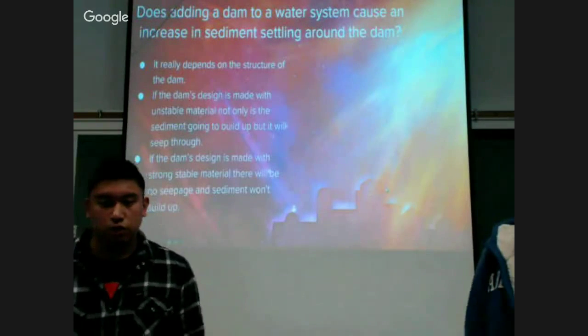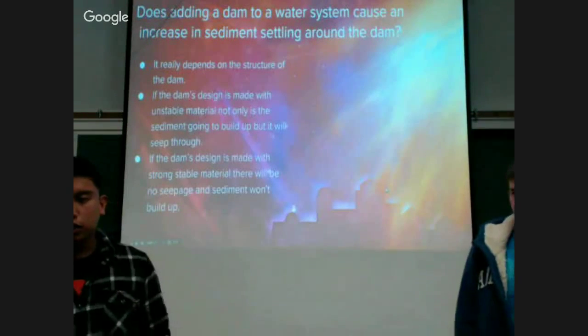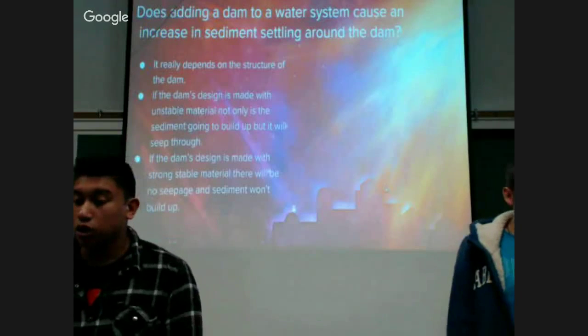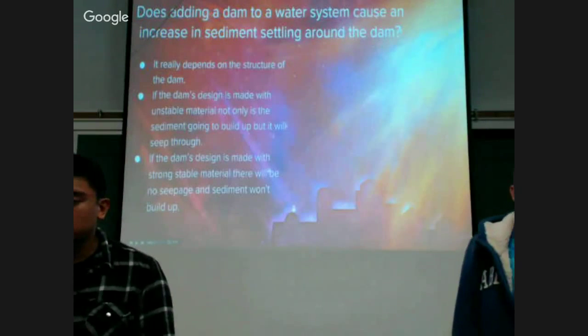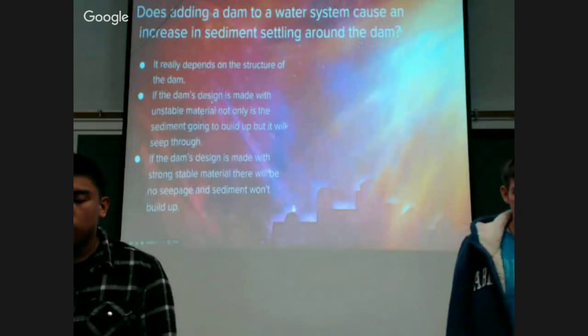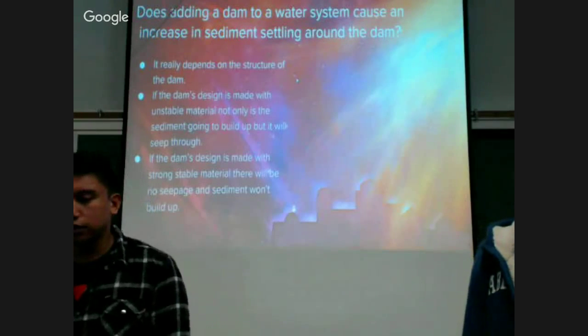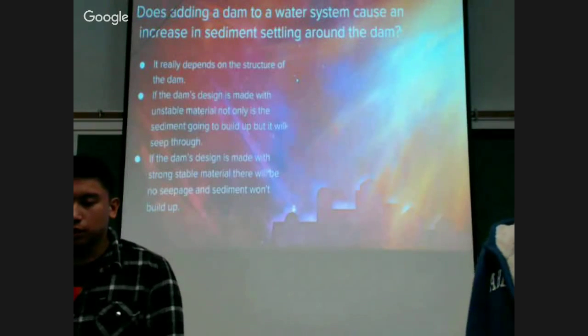Go ahead. So, as you can see on the board, it says, does adding a dam to a water system cause an increase in sediment settling around the dam? It really just depends on the structure because the dam could be built differently. The material could be different.